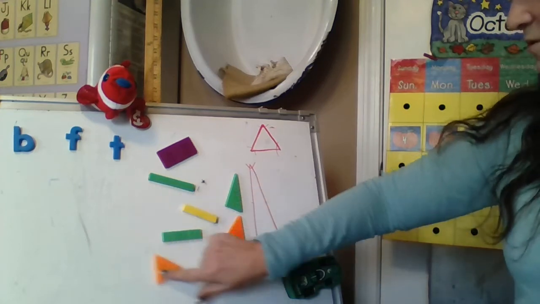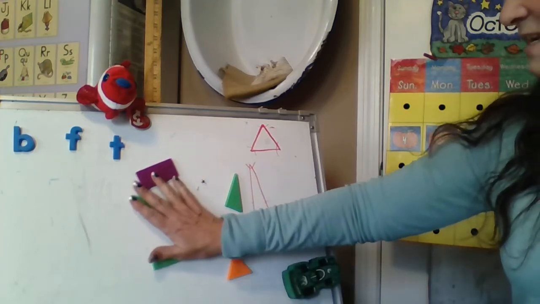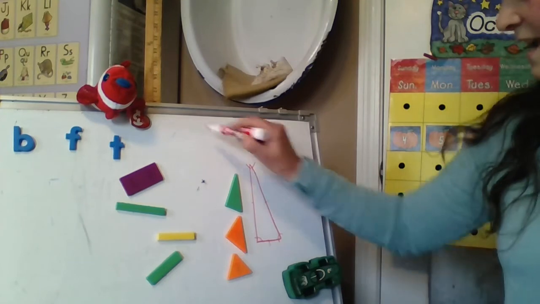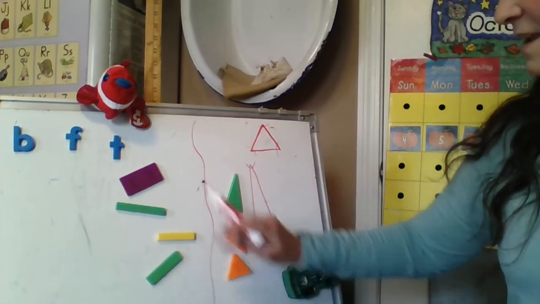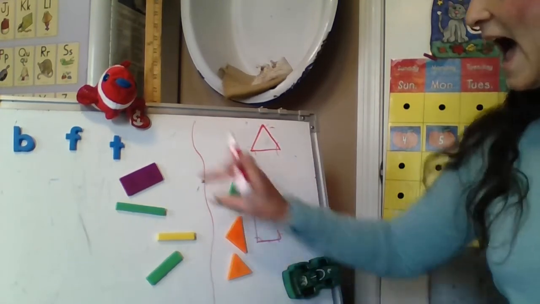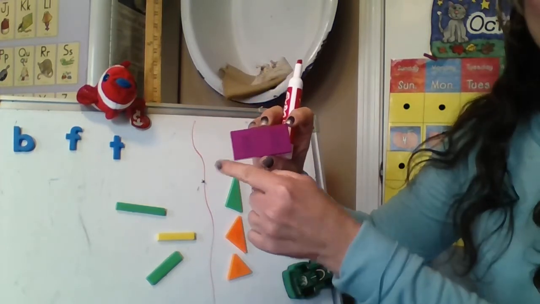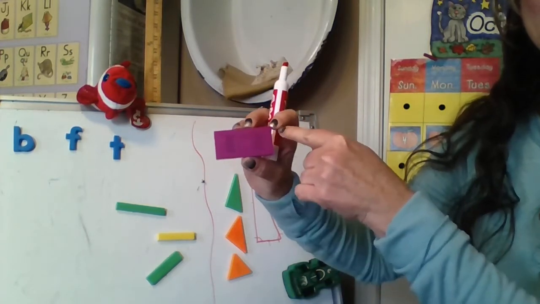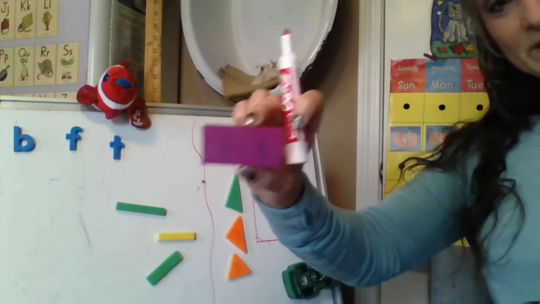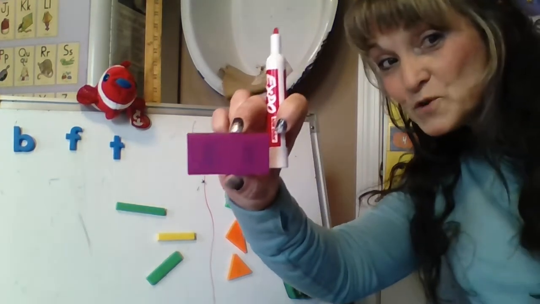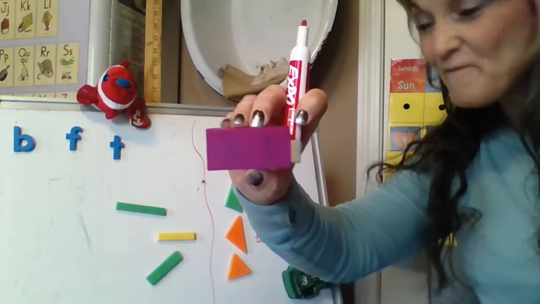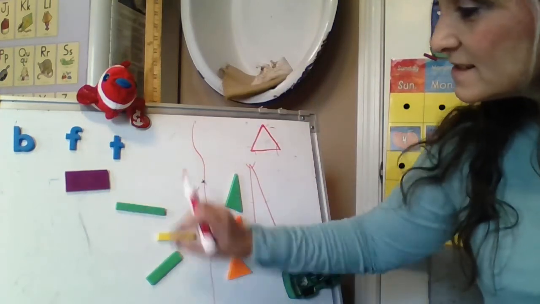Oops. These are not triangles. These shapes have 4 sides. 1, 2, 3, 4. Are they curved or straight? They have 4 straight sides.